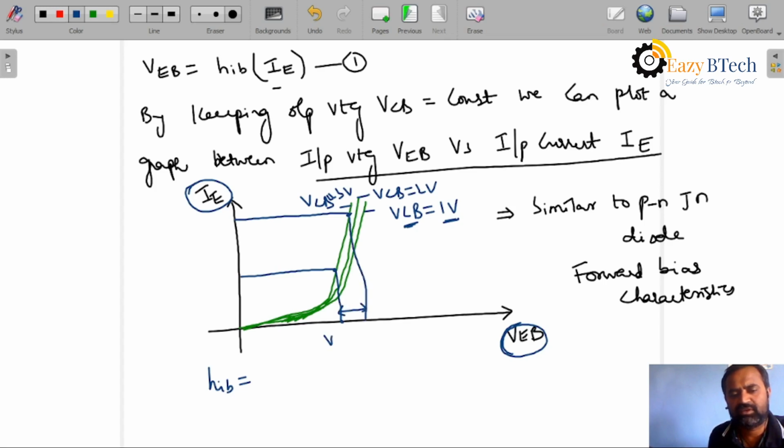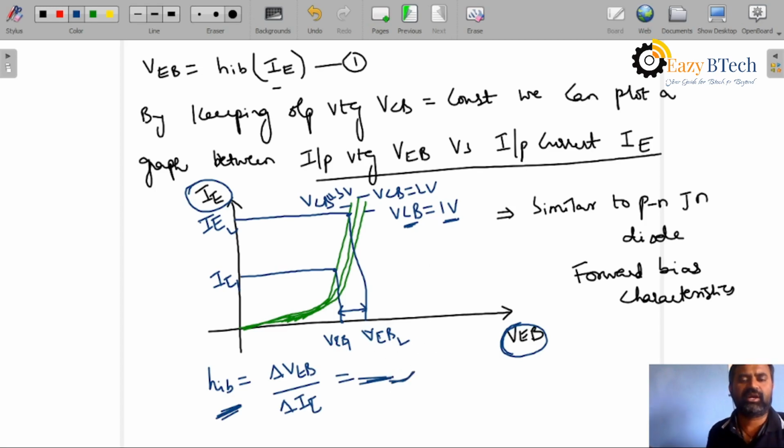This difference we will call VEB1, VEB2, and it is IE1, IE2. Now we get a change in VEB by change in IE. Either way we will find the value of HIB.